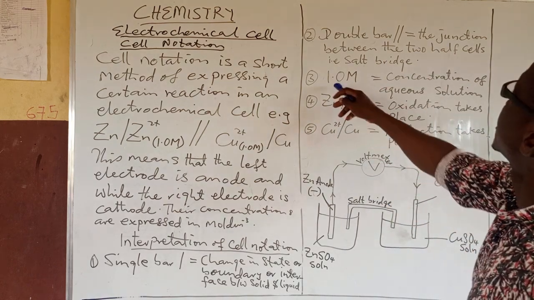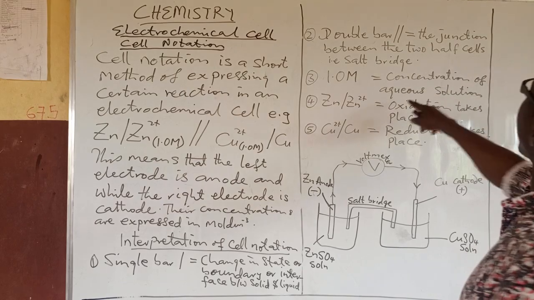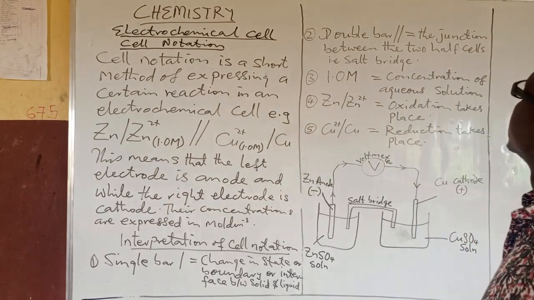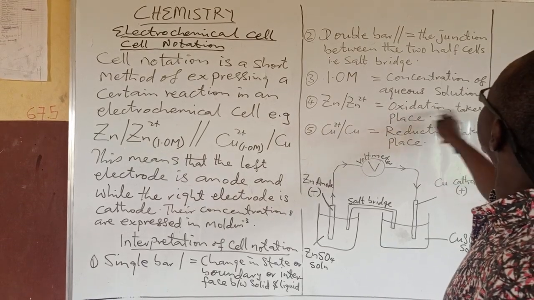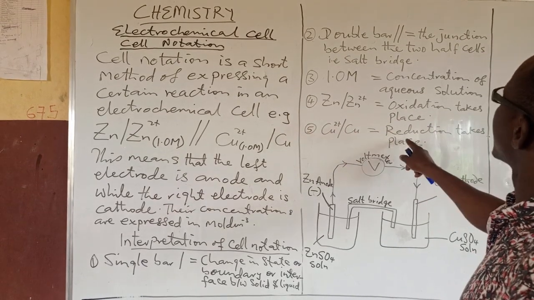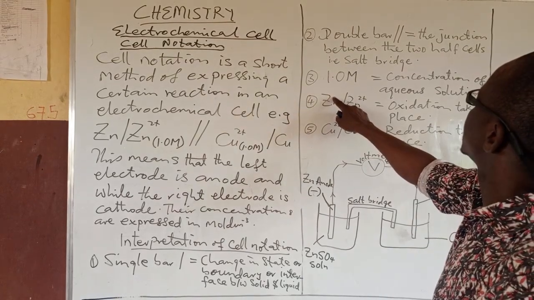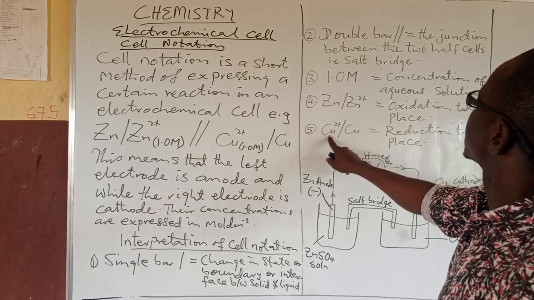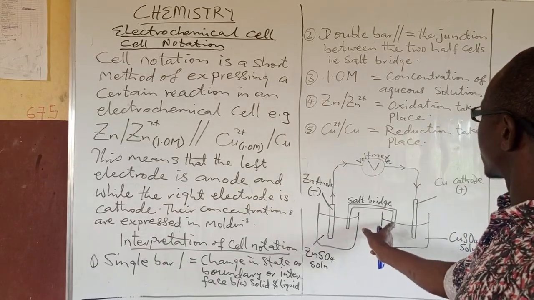The 1.0 molar is the concentration of the aqueous solution. The whole of this is where oxidation takes place, and the whole of this is where reduction takes place. Because if this ionizes, it goes into solution. If this takes electrons, it becomes the plate. So that's what happens here.